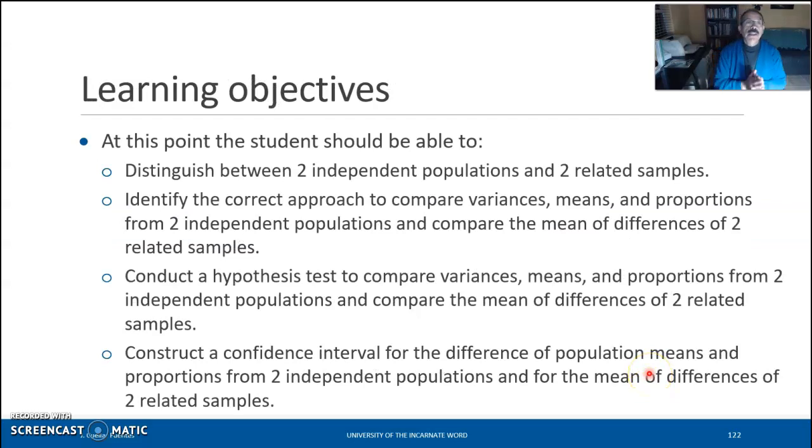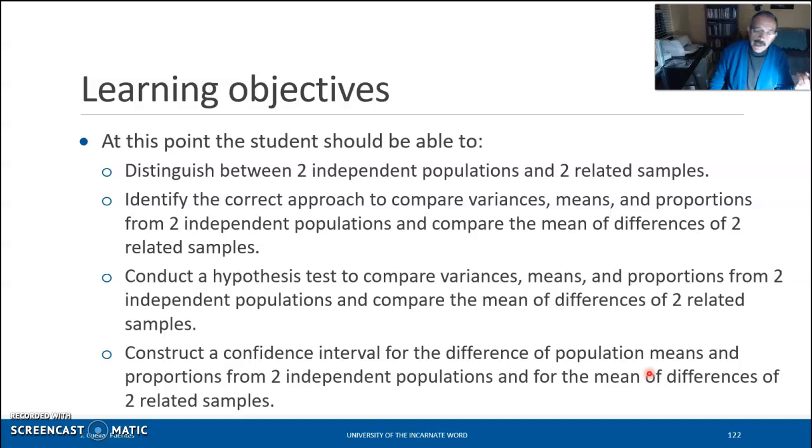All right, so at this point, the expectation is that you should be able to distinguish between 2 independent populations and 2 related samples, and that you should be able to identify the correct approach depending on what situation you have. So if you have independent populations with a continuous random variable, then you might be comparing variances, or you may be comparing means under the condition that the variances are equal or that the variances are unequal.